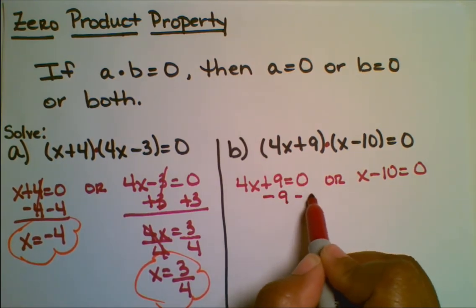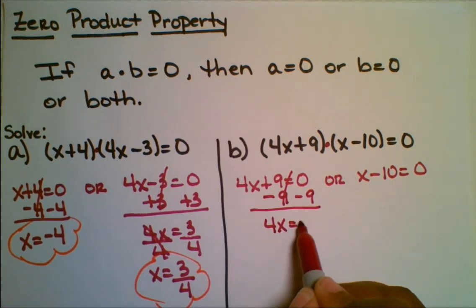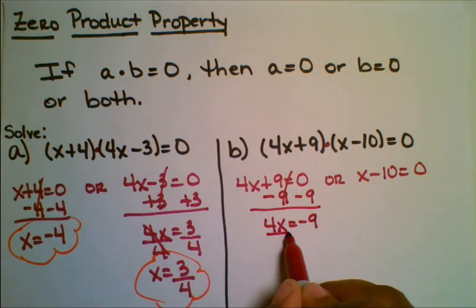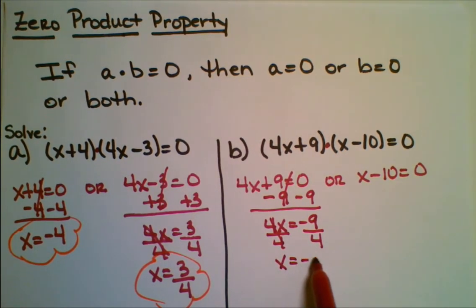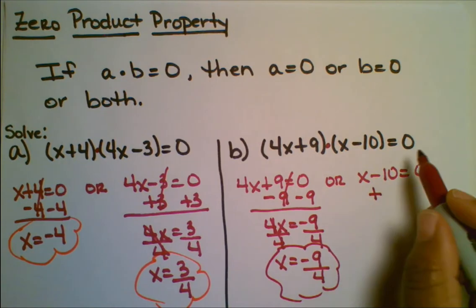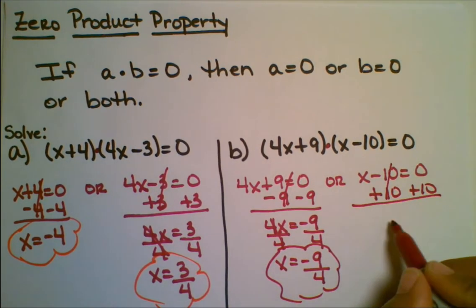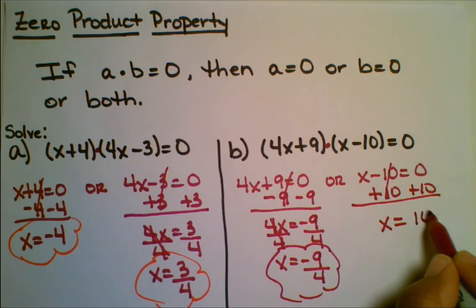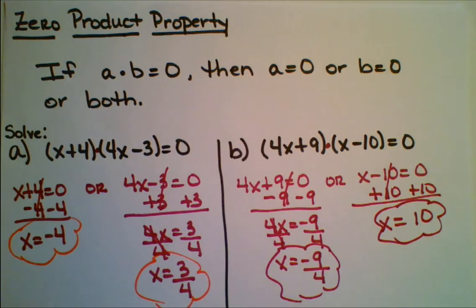We're going to subtract 9 from both sides. We have 4x is equal to -9. Then we're going to divide by 4. We have x is equal to -9 over 4. So this is one solution. For the second equation, we're going to add 10 to both sides, and we have x is equal to 10. Therefore, 10 will be a solution.